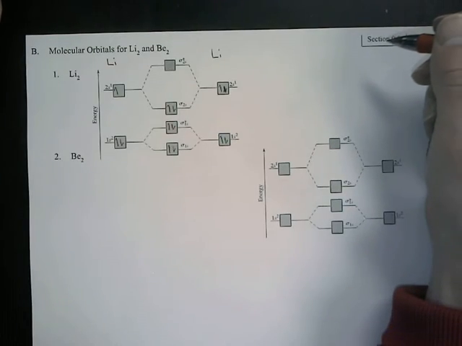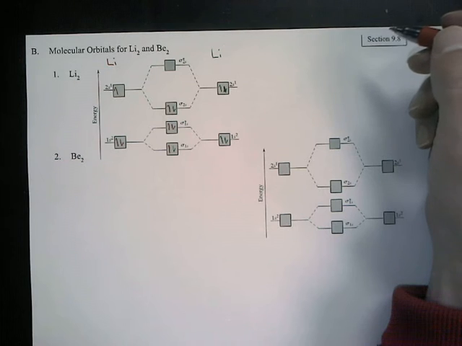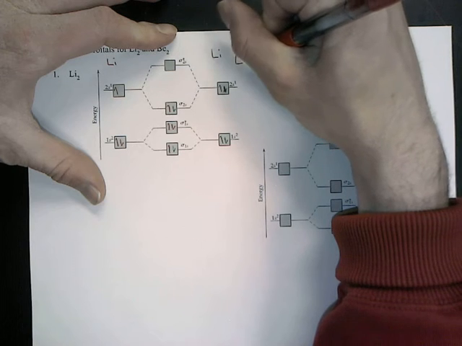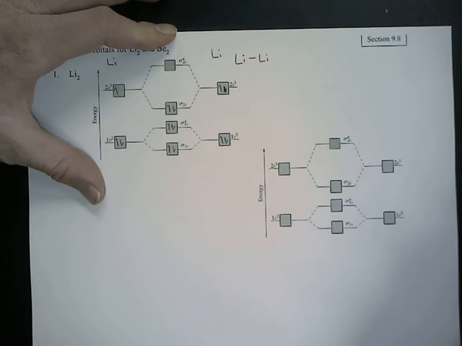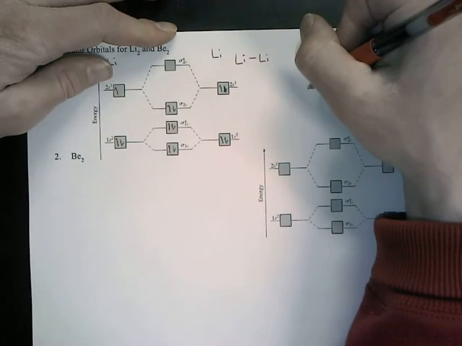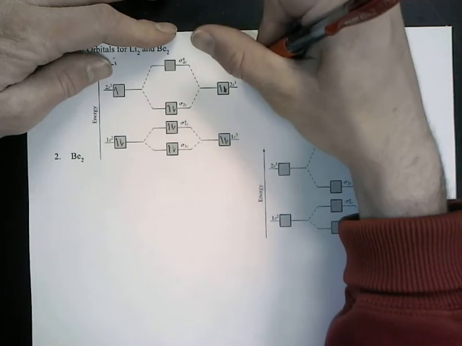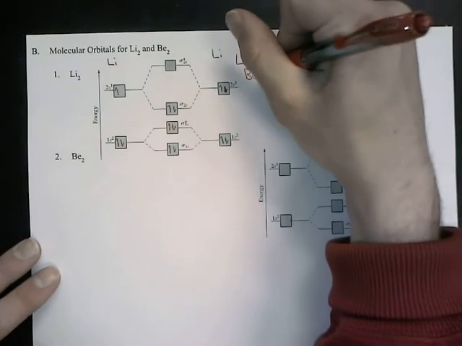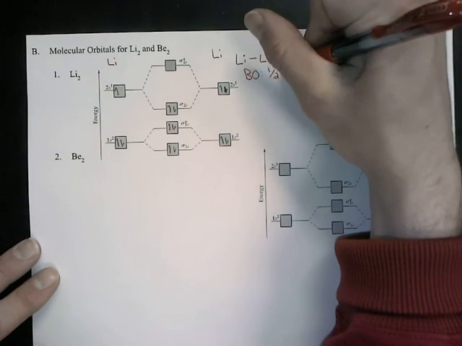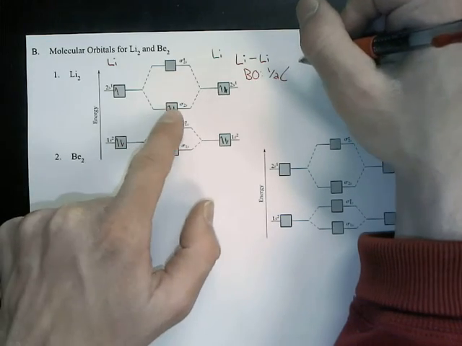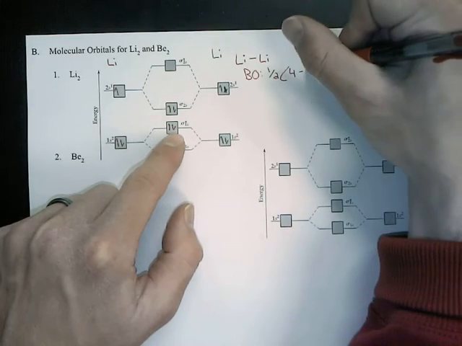And so with our lithium here, lithium would form a bond that has 1 single covalent bond, and our bond order would be half times the number of bonding electrons, which is 1, 2, 3, and 4, minus your anti-bonding electrons, which is 1, 2.